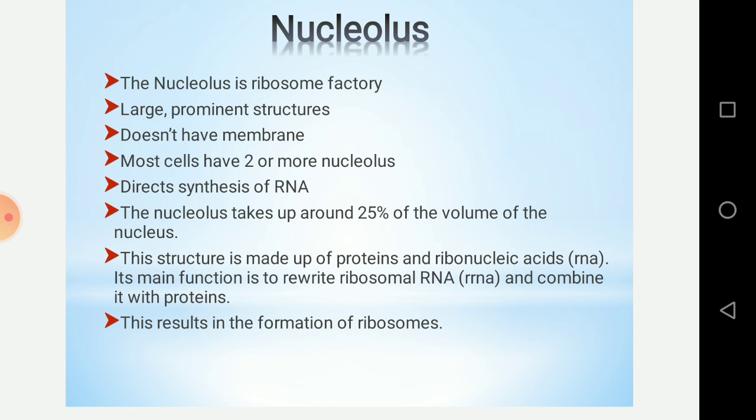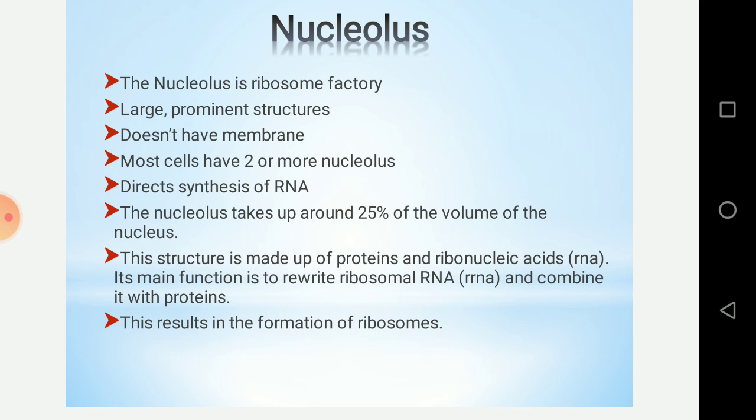It doesn't have a membrane, unlike the other organelles you studied, like the Golgi apparatus and lysosome, and others like the cell membrane and even the nuclear membrane, which have membranous structure. But the nucleolus doesn't have any membrane.